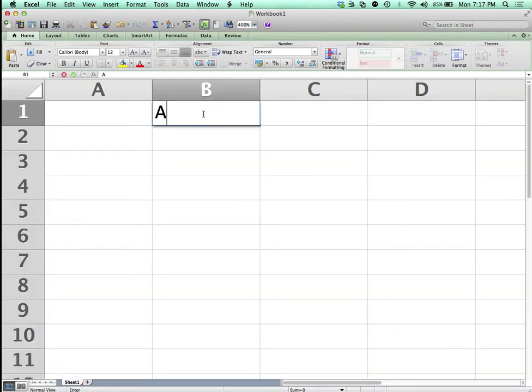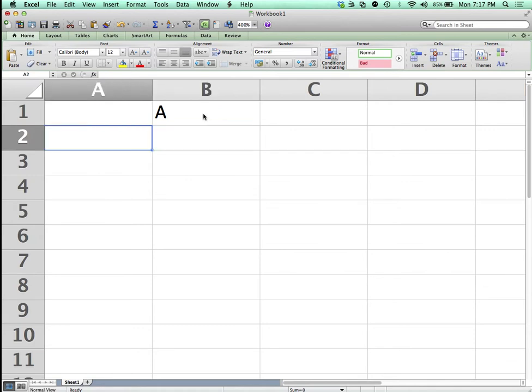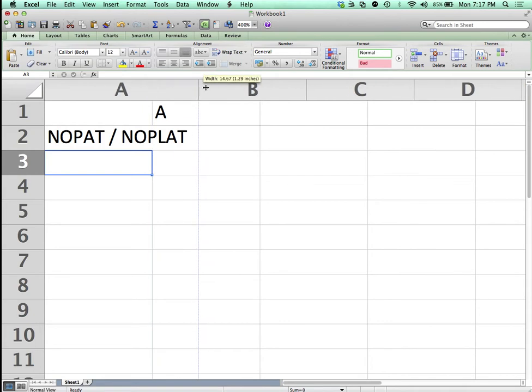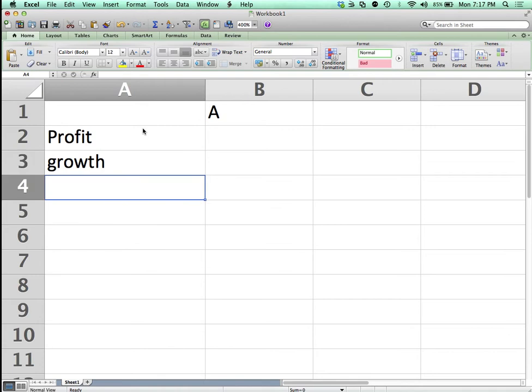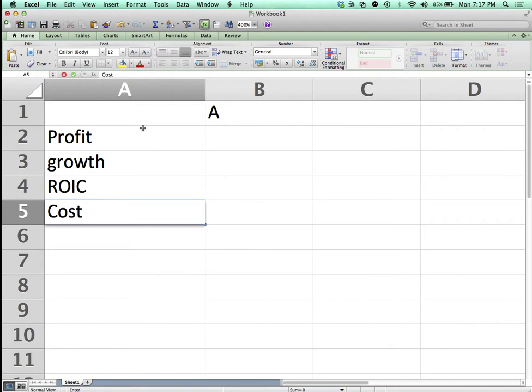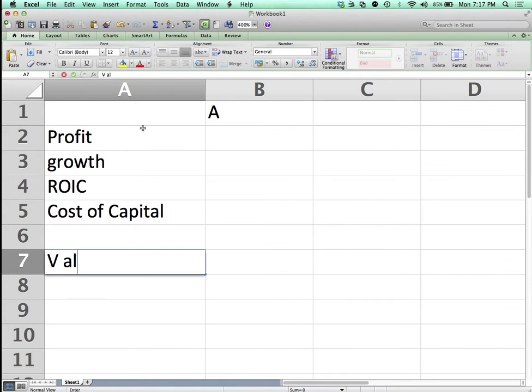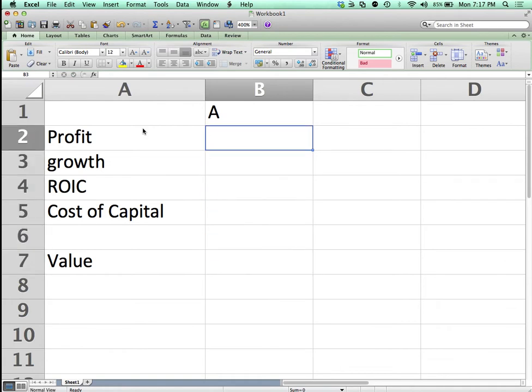We said that for a company, we'll call it company A, the key value drivers were profit, or in our case NOPAT or NOPLAT, but I'm just going to call that profit for simplicity, growth, return on invested capital, and the cost of capital, or the risk of the company. That would give the value of the firm, or in our case, the operating value.